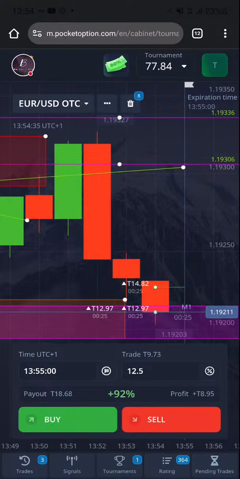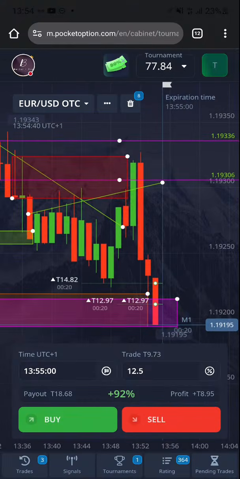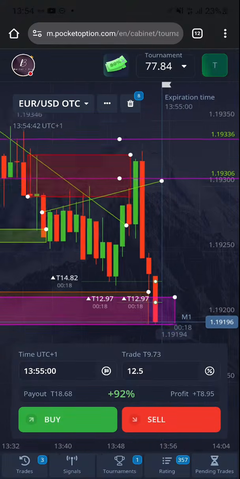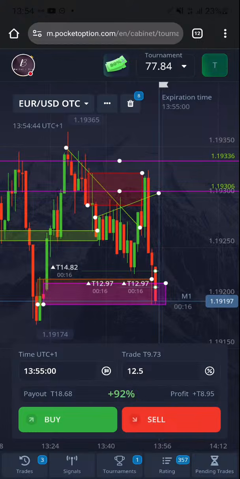So this second time now, I'm not very sure about it, but I took it anyways because it has happened many times that we'll have a second entry, and the second entry will be potent. So let's see if that second entry will hold. I don't think it will hold.